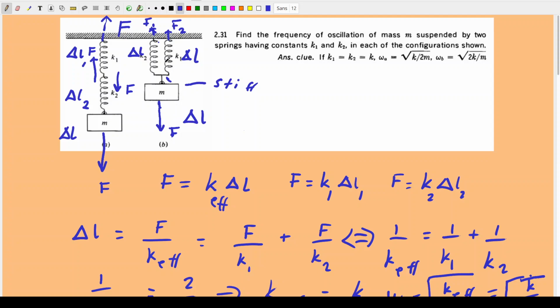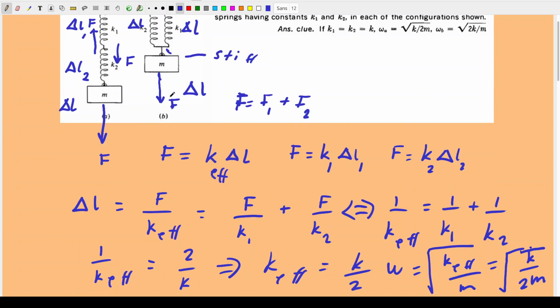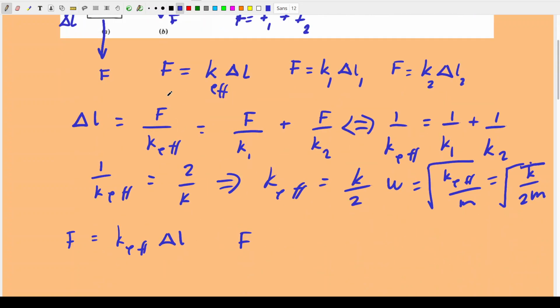So if the system is at rest, then F equal F1 plus F2, if it's kept in a static situation. So that's the situation for the parallel case.